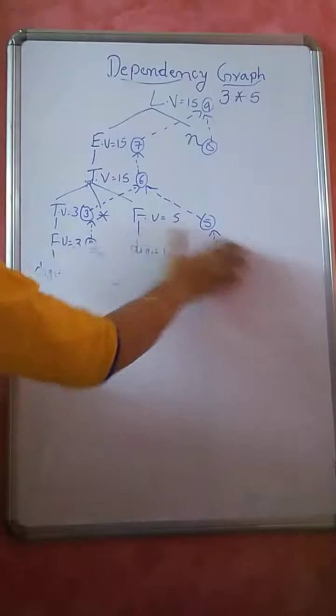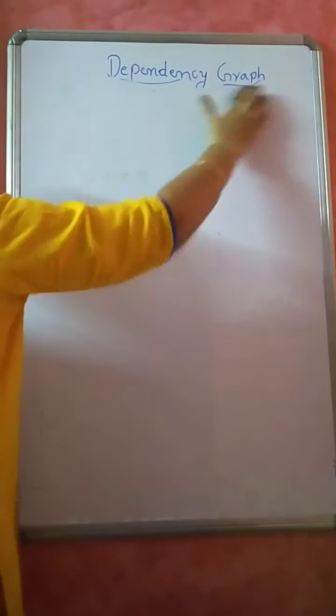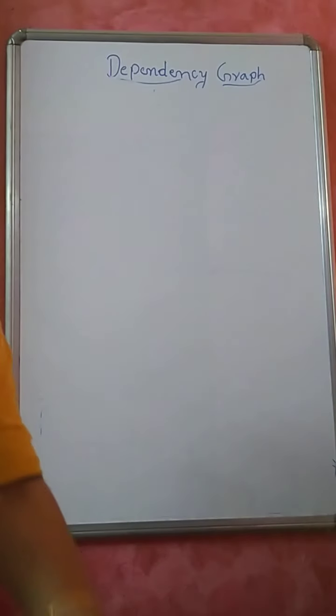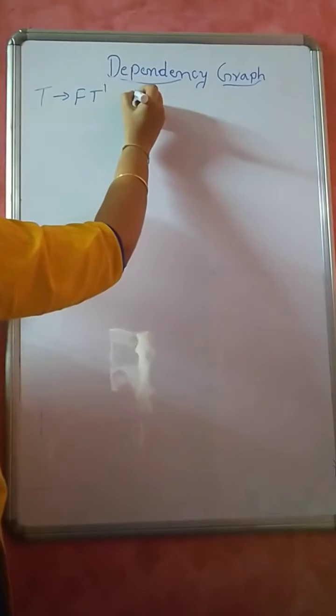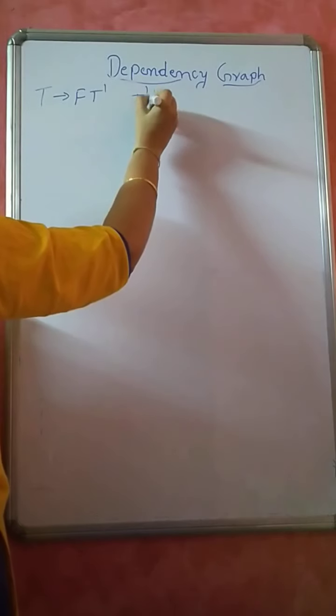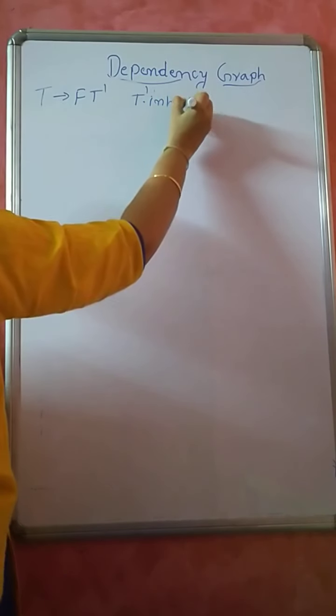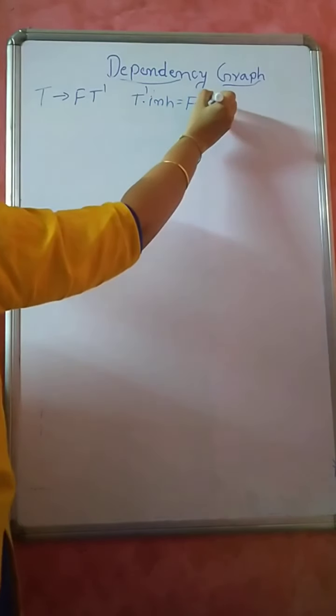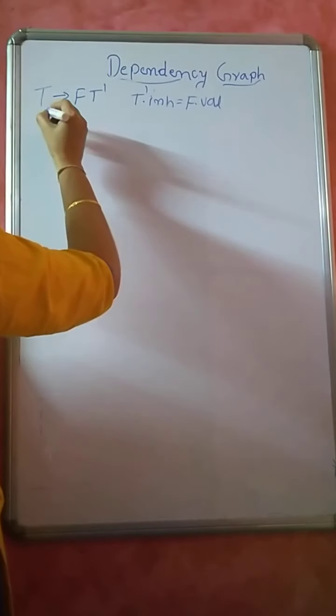L attributed SDT. So that is T determines F T dash. What is the semantic rule associated with this? T dash inherited is equal to F dot value. Last class I explained all these things to you.